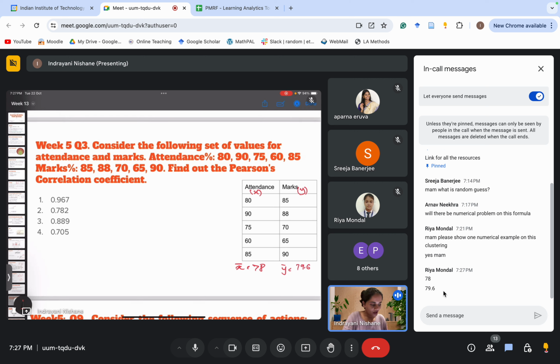Now we will do another computation of x minus x bar and y minus y bar.